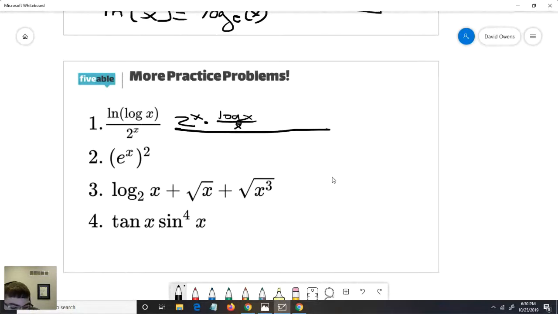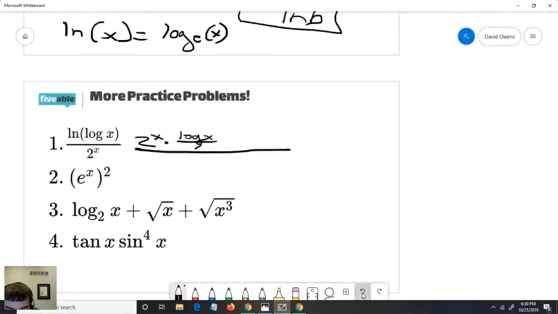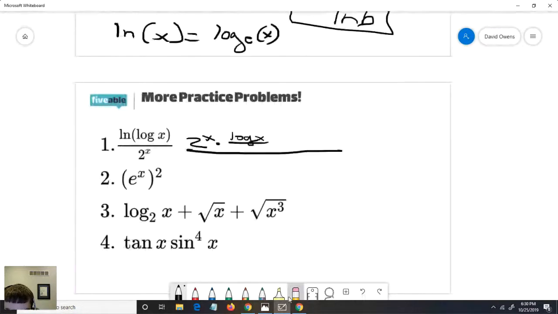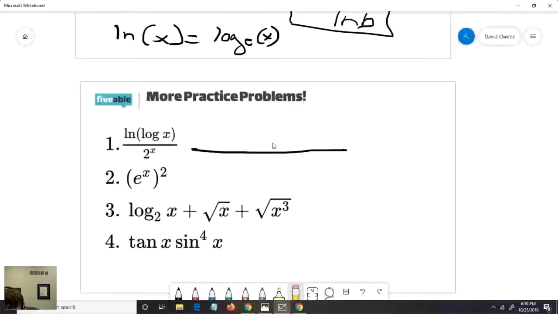with that log of x still inside. So what we're going to have is 2 to the x times 1 over the natural logarithm of x, because you can see we take the derivative of the natural logarithm with that log of x still inside, and we're going to multiply it by the derivative of the log, which is 1 over x ln 10.